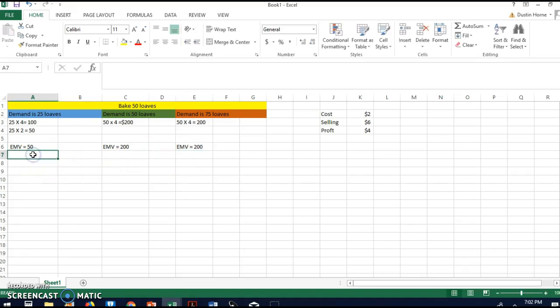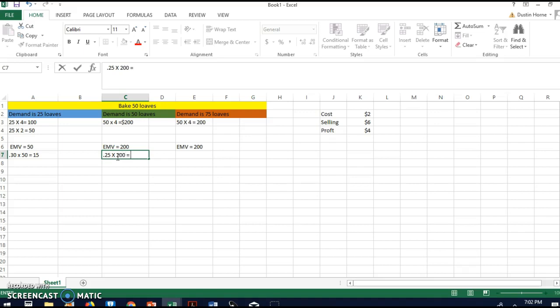So now we have to do the probabilities. The probabilities were given in my problem. Here, the probability that this scenario would happen would be 0.30. So we would do 0.30 times the expected monetary value of 50, and we would get $15. Now, the probability of this scenario happening is a 25% chance. So we would do 0.25 times 200.